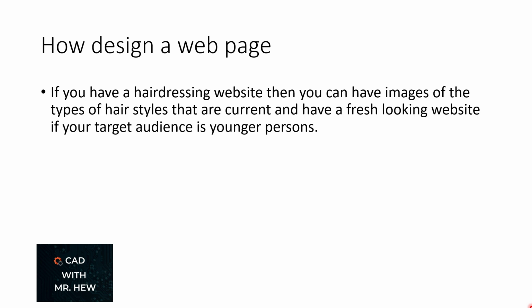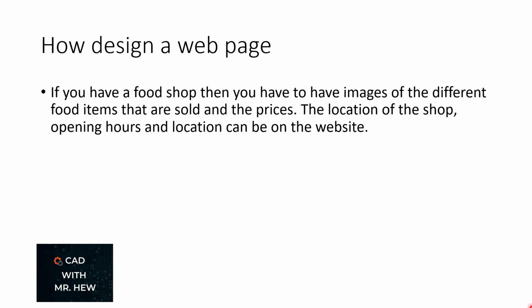If you have a hairdressing website to design, then you can have images of the types of hairstyles that are current and have a fresh looking website if your target audience is younger persons.